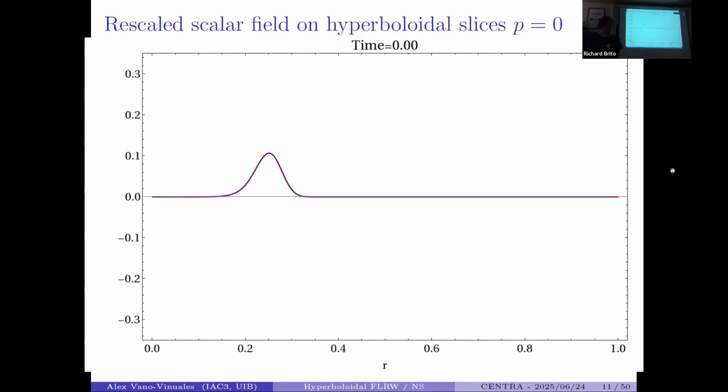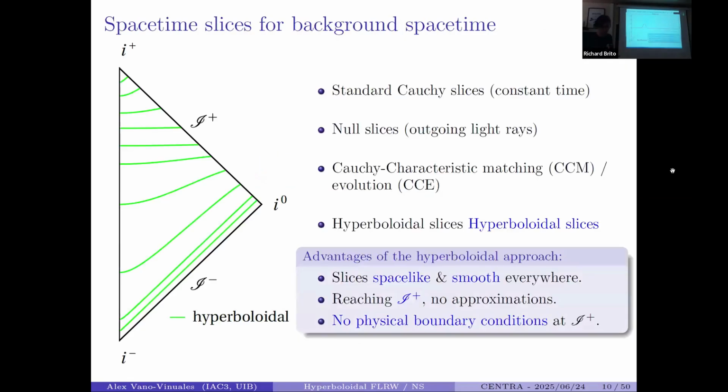This is going to be a scalar field evolved on a Minkowski background. And this is actually symmetric initial data. So one part of it is going to leave the domain, so scri is located at r=1, and the other bit is going to be reflected and then leave. And the idea is that this corresponds to one of the slices that I'm showing.